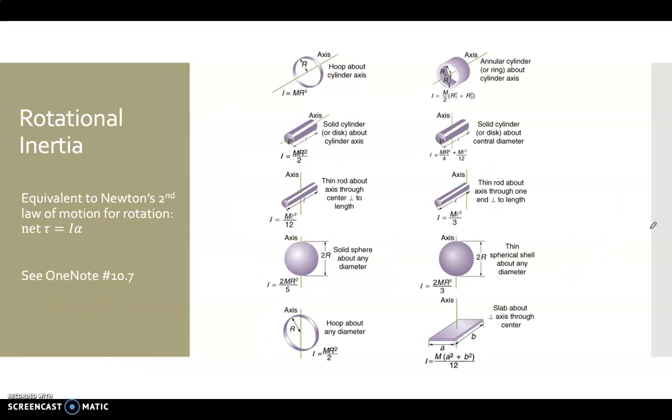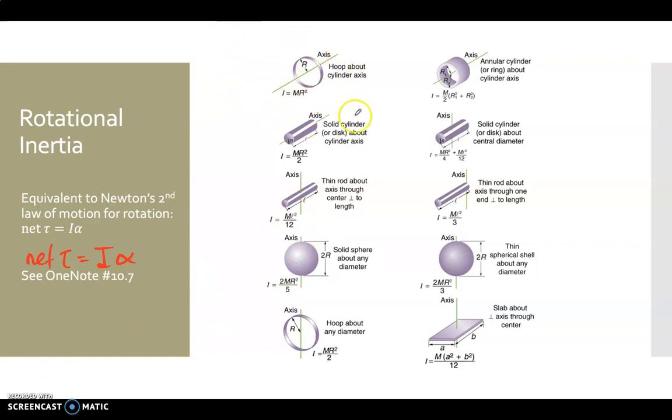Now, rotational inertia is basically Newton's second law for rotation. So we have, again, our net torque equal to I, or inertia, times alpha. And here are some different systems that you can describe inertia for.